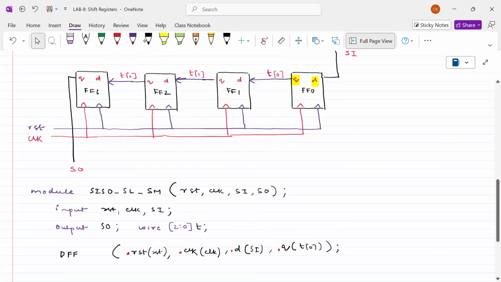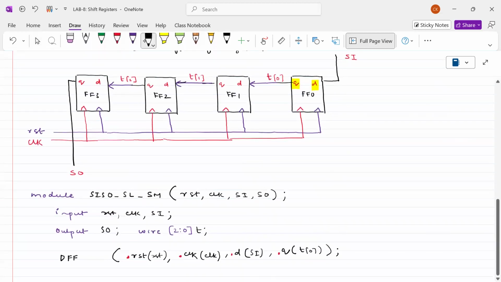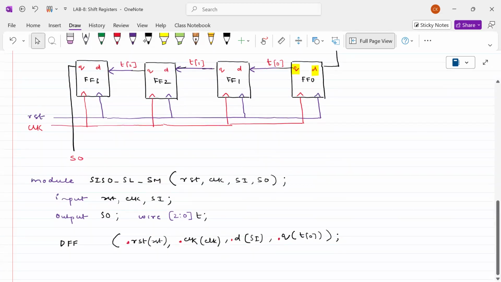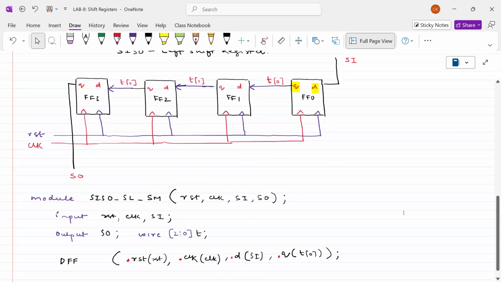So look at this one. The reset of the already defined D flip-flop is connected to the RST of the 4-bit register. The clock of this one is connected here also. Let me write inside of it, that's more clear. This is called RST, this is called clock. Now you did not forget about this one, right?